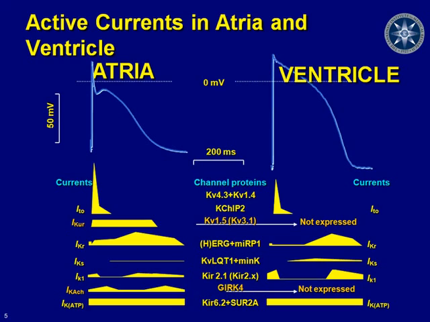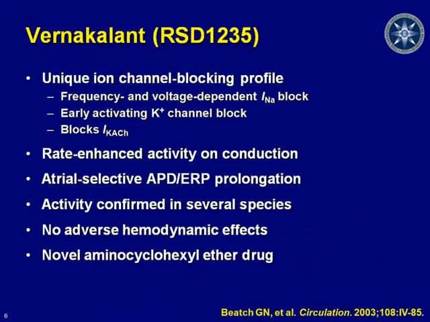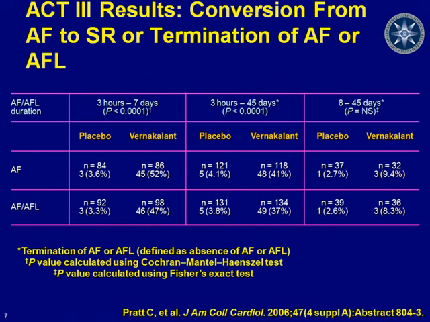It has unique properties, but most of the promise, next slide, then it is also available, as I pointed out, orally, but these trials are not going as well as the intravenous trial.